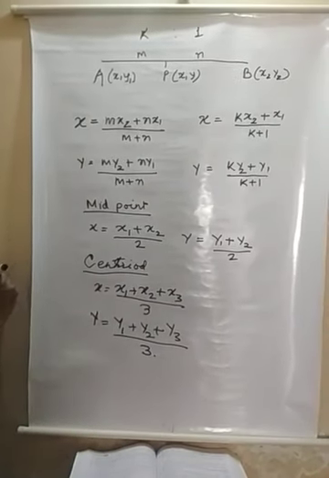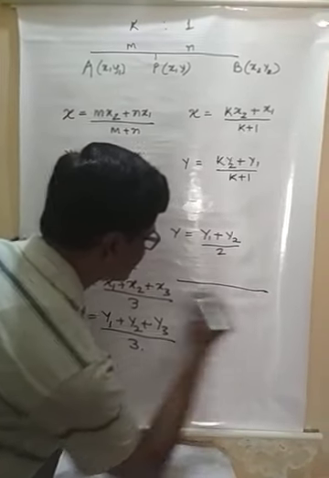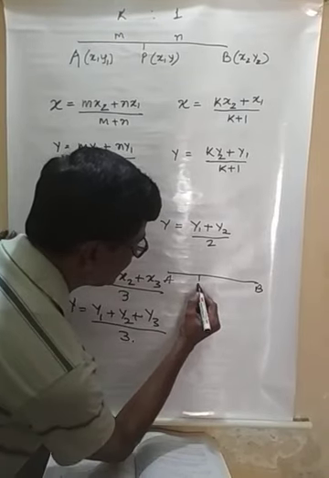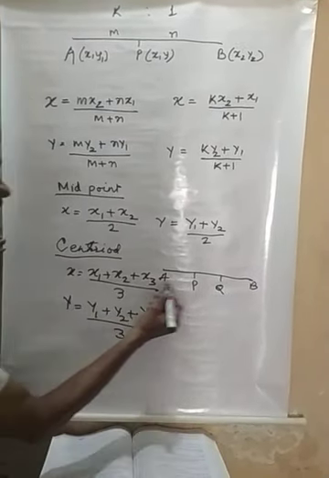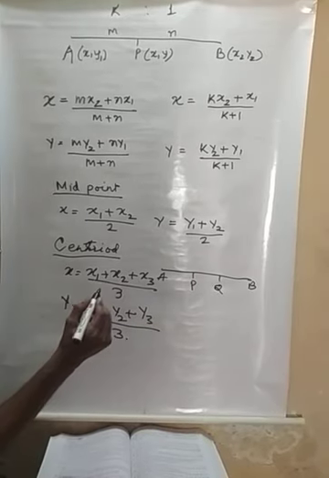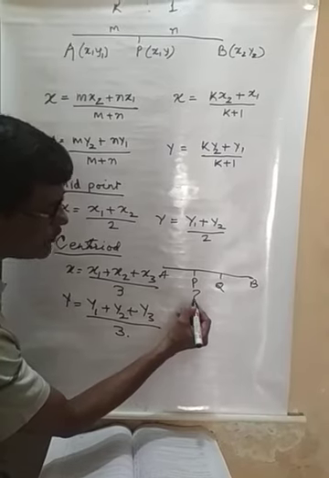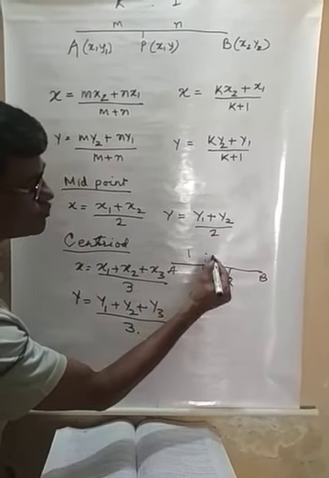One point I want to mention is trisect. Trisect means, say this is line AB, and P and Q are 2 points which divide the line AB in 3 equal parts. If we are to calculate the coordinate of P, then the ratio will become 1:2.